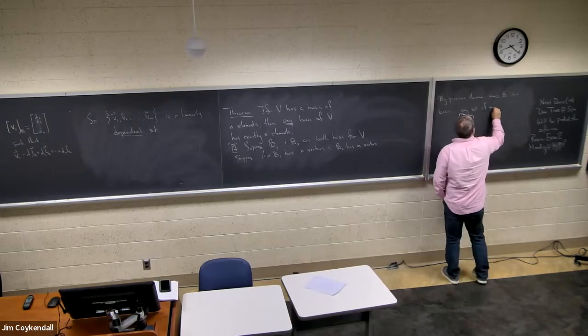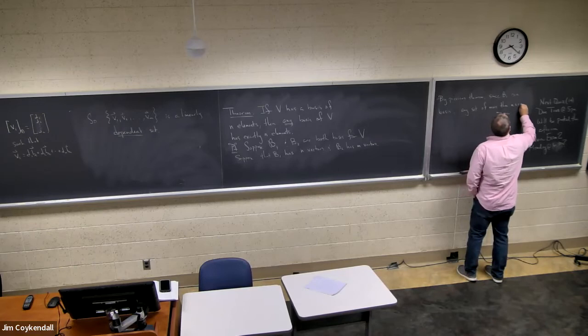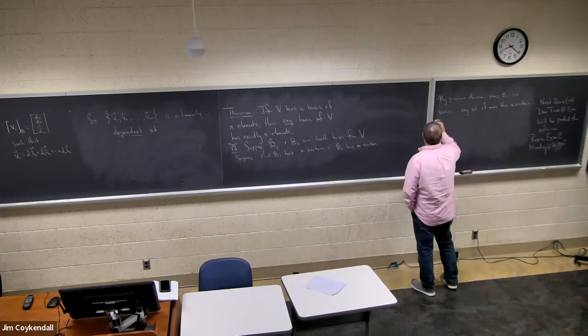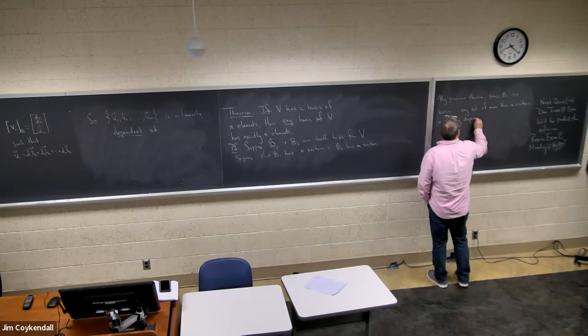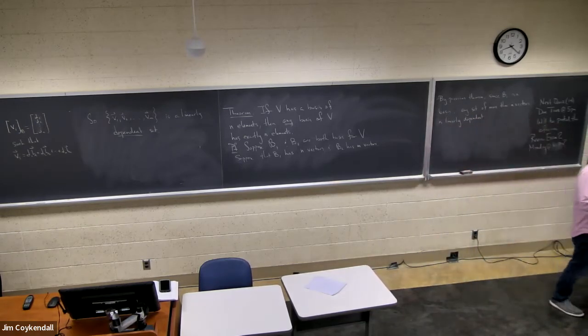By the previous theorem, since B1 is a basis and it's got n vectors in it, any collection of vectors that has more than n elements is linearly dependent. Everybody agree with that?